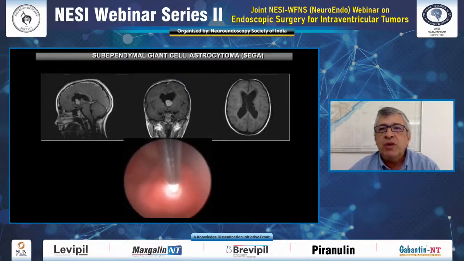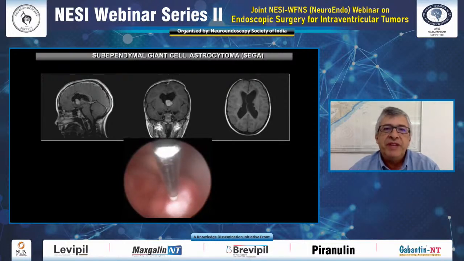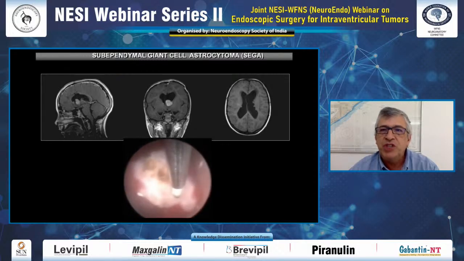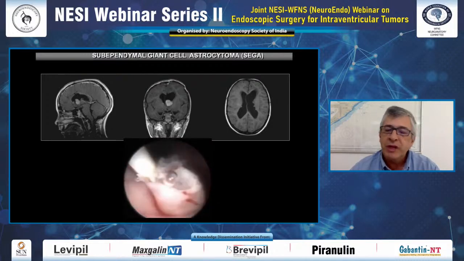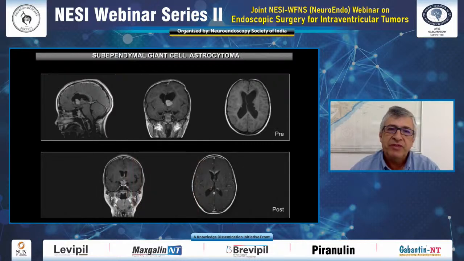Some intraventricular tumors derived from the ependyma are the SEGA, in Bourneville disease. You can vaporize that with a VersaPoint machine. You can, inside the tumor, vaporize this lesion, then follow up with septostomy to control this kind of lesion.